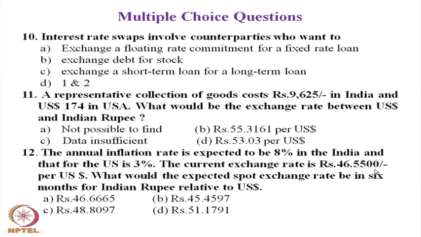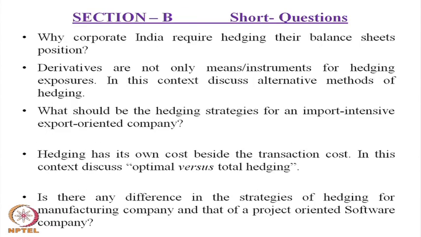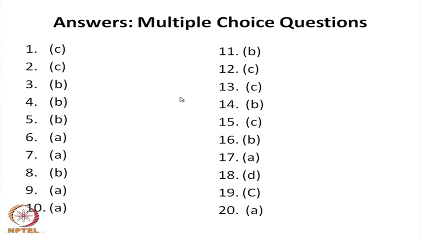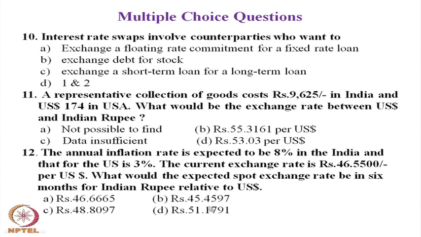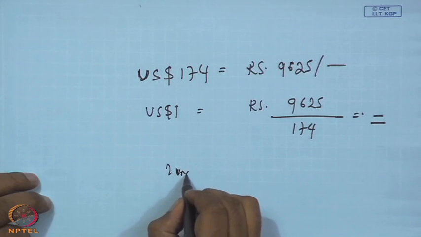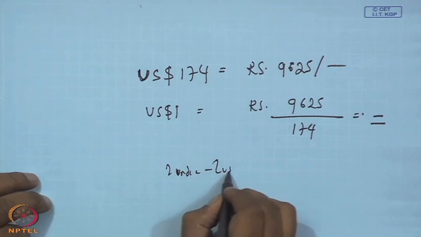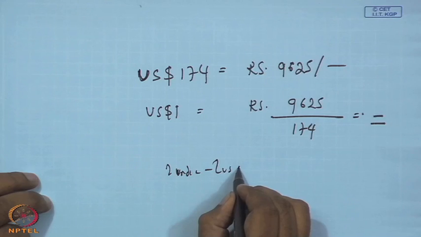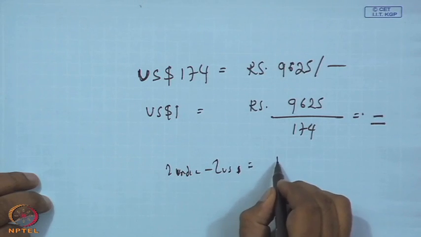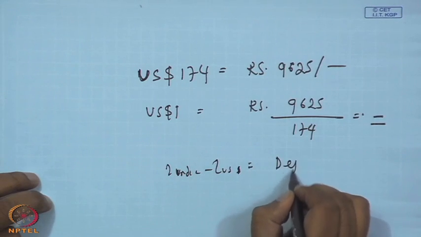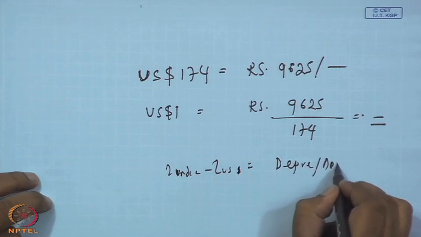So, the answer for question number 12 is C, 48.8070. Here the calculation is the Indian interest rate minus the US interest rate, which reflects the depreciation or appreciation of the rupee.